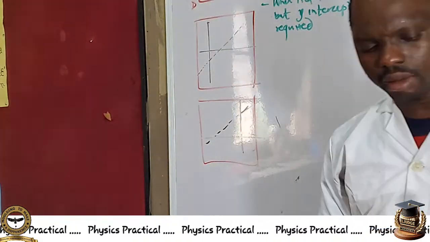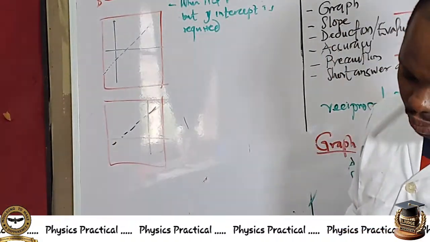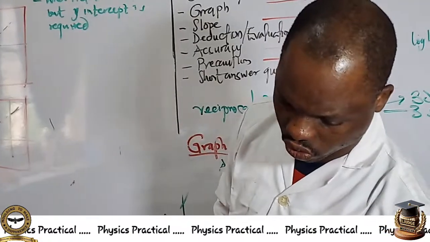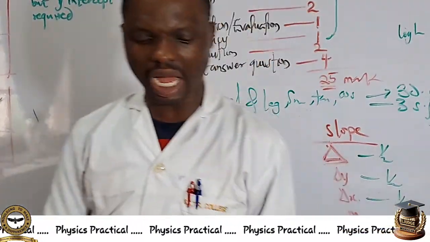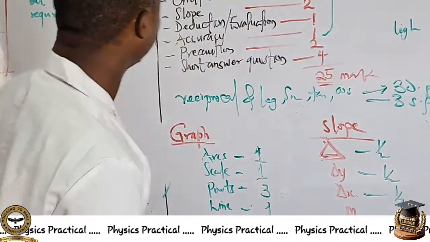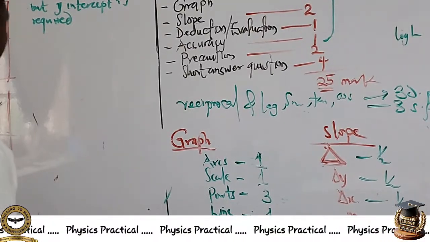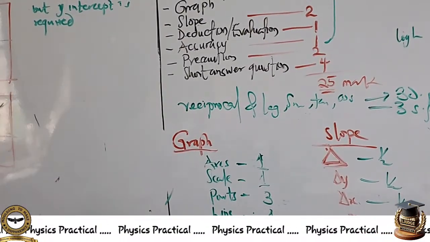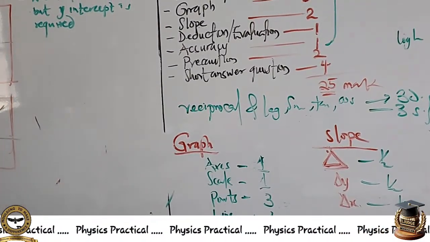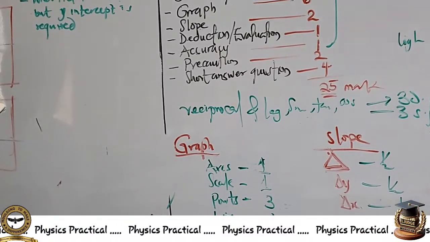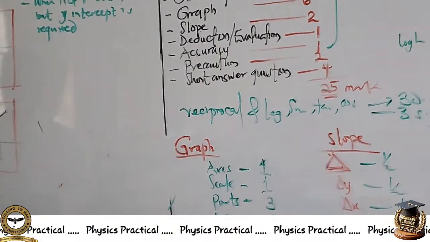Now, when the vertical axis has both positive and negative values, while all the horizontal values are positive, you will see something of this nature.